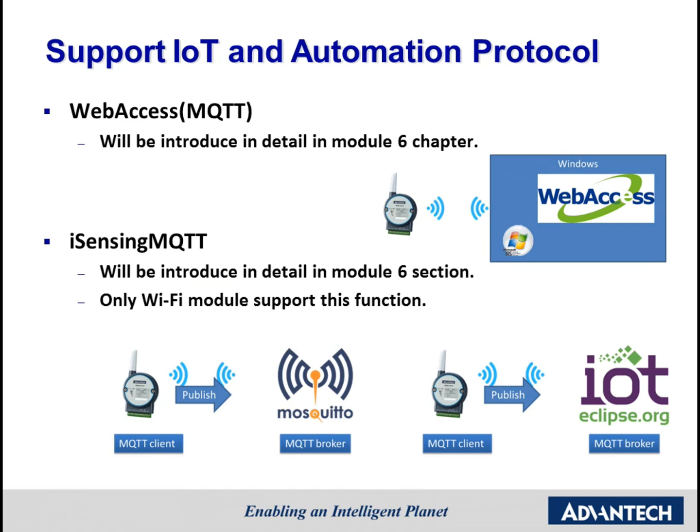Another one is iSensing MQTT services on the WISE 4000 series. This function is also a standard MQTT protocol, but using a WISE-defined data payload. These two MQTT protocols will be described in detail in Module 6.